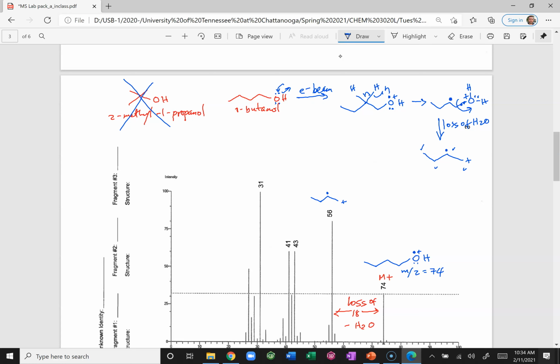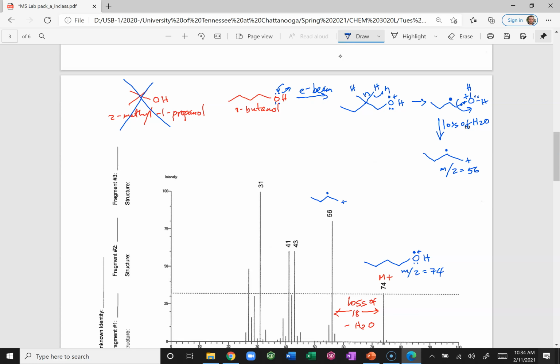So I have 3, 2, 5, 6, 7, 8. 48 plus 8 is 56. Make sense? So this has a mass to charge ratio of 56. All right. So I'm not done yet.